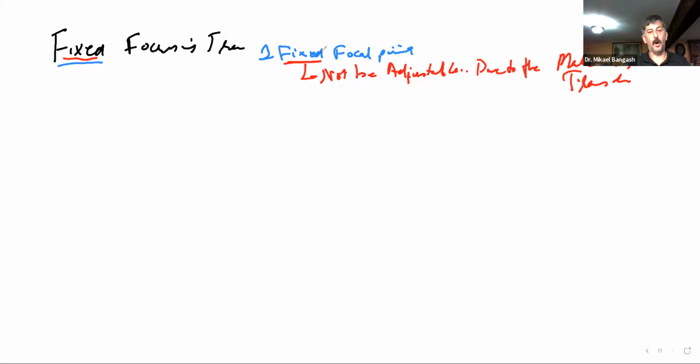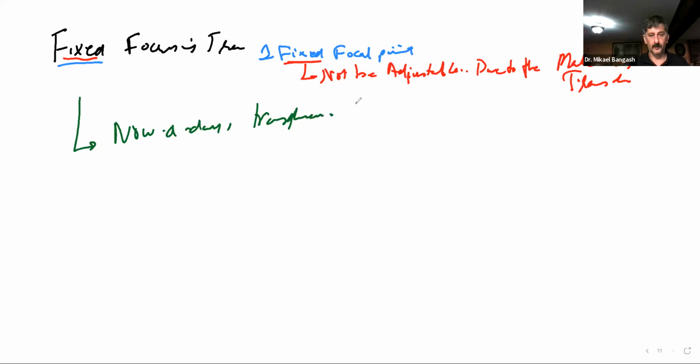Now, although nowadays transducers are what we can call multifocal, which mainly means that we are actually able to adjust the focus, because there are multiple focal points if you want.